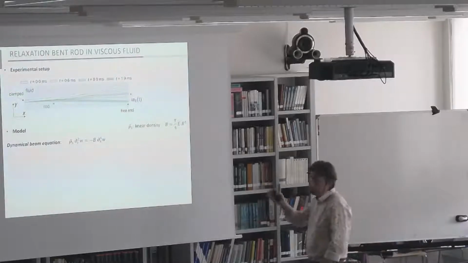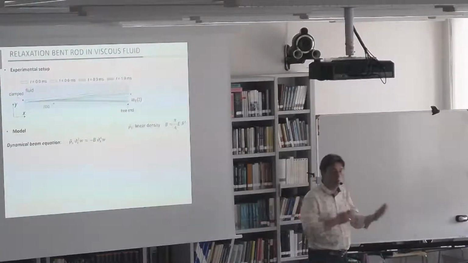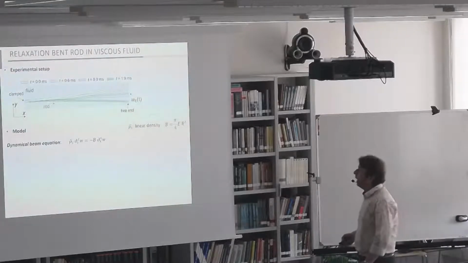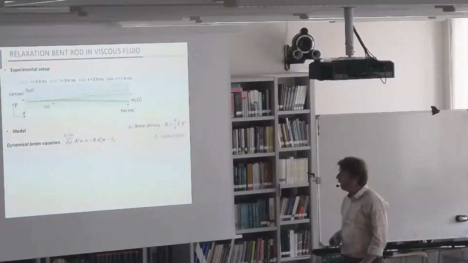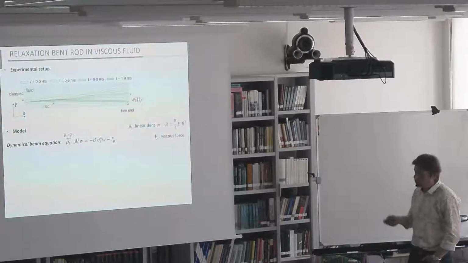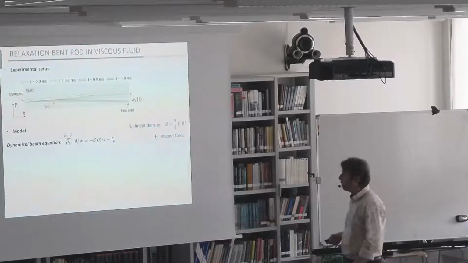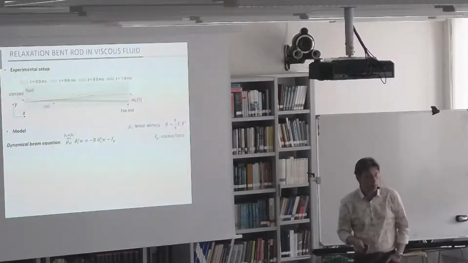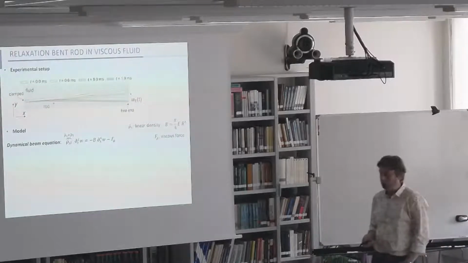Now, normally, this equation should be coupled to a fluid equation, so Navier-Stokes or Stokes. Here, what we do is to simply add a viscous force to this, and we also take into account the fluid inertia. And now you need to choose a suitable force for that. And again, we did something very simple.